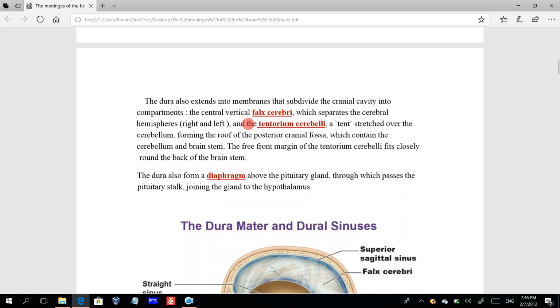And another membranous extension of the dura is called the tentorium cerebelli.